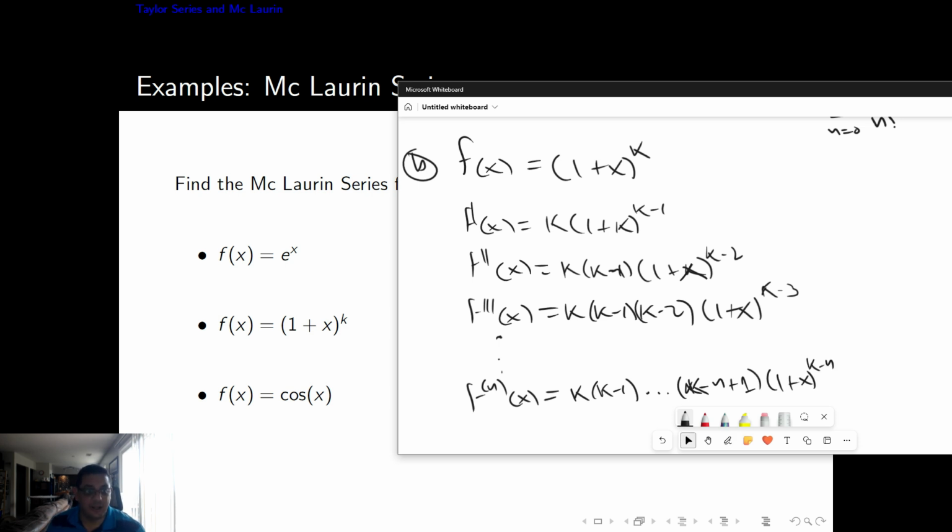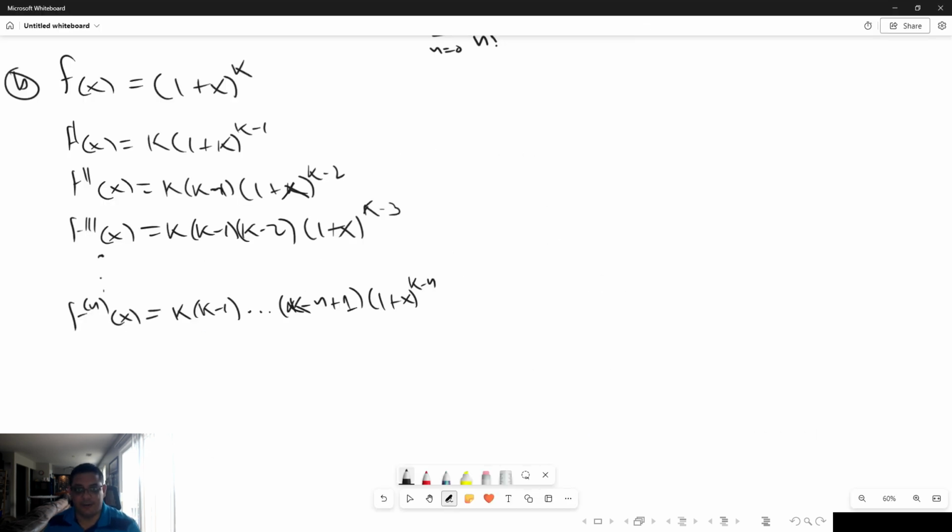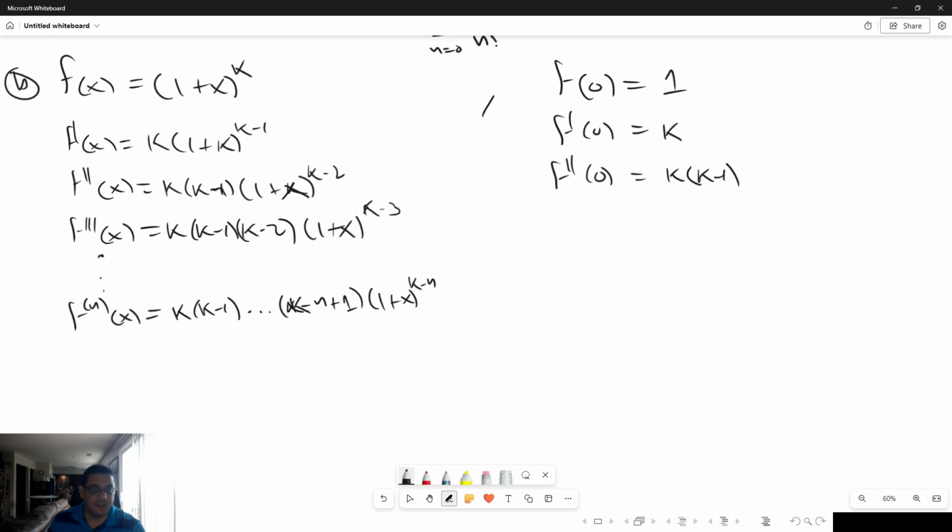And so now, if we're actually going to plug in 0 and find numbers, then notice that we find very different things. So f of 0 is just going to give me 1. F prime of 0 is now going to give me k. F double prime at 0 is just going to give me k times k minus 1. And you can see how it goes. In general, it's going to give me the coefficients that I have here in front of this (1 plus x) to the k minus n.